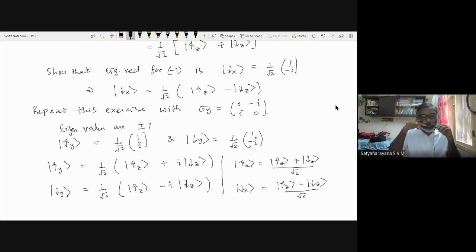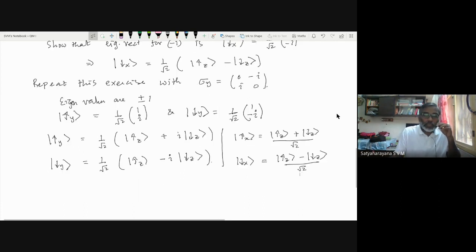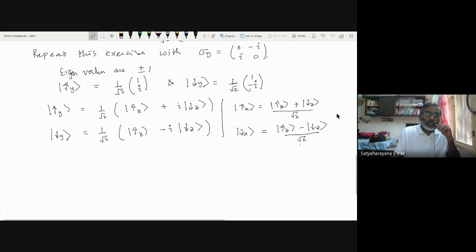Correct? So now you can see that suppose the state is up x.